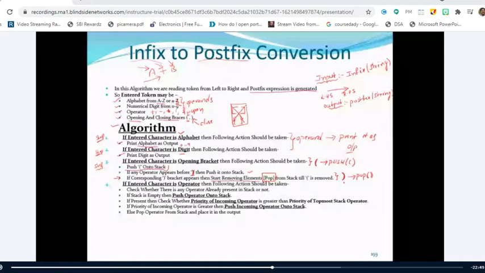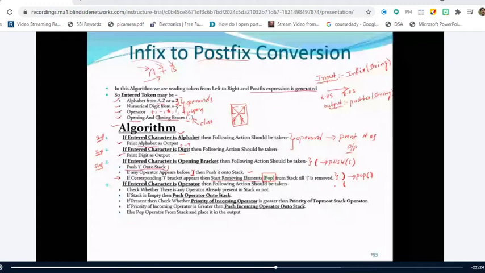Simply remember these concepts. Whenever it is an operand, print it as output. Whenever it is an open parenthesis, push it onto the stack. Whenever it is a closed parenthesis, you have to repeatedly perform the pop operation until you come across the corresponding open parenthesis. Is it clear up to this point? Yes, sir. Right.